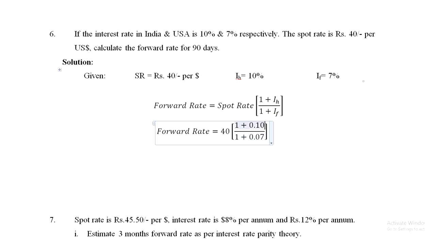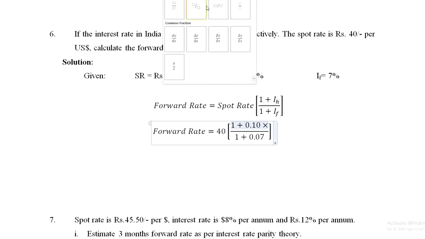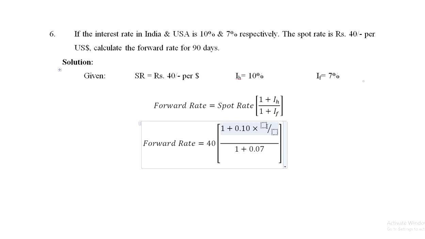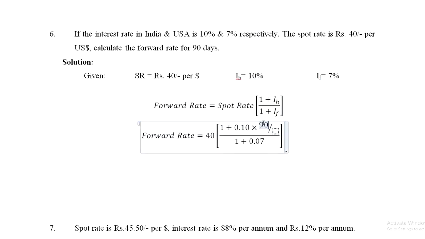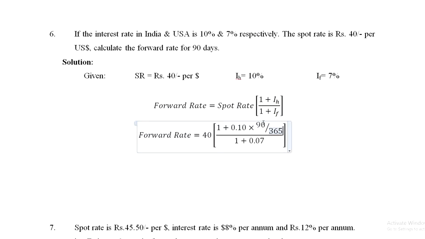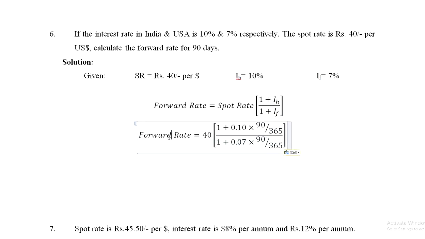He says that the rate of interest is for 90 days. Hence you have to come out with a similar thing: 90 divided by 365, because we have got 365 days in a year.